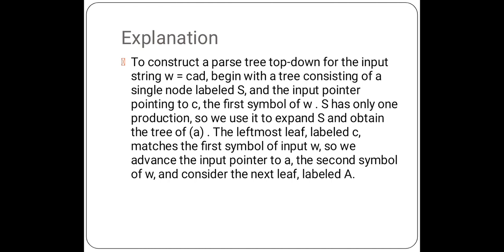By applying these concepts of recursive decision processing and backtracking, we use the parsing process, and the objective for us is to derive the input string cad, and finally we have reached our objective.